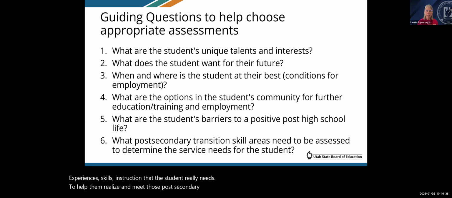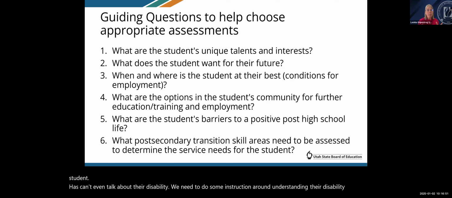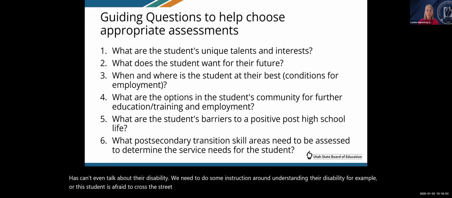So really looking at the assessment results and saying, wow, this student can't even talk about their disability. We need to do some instruction around understanding their disability, for example. Or this student is afraid to cross the street, right? So we really need to start to work on teaching them how to do that safely so they can access the community.